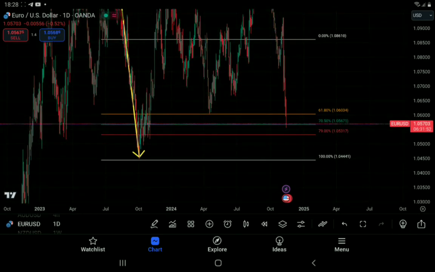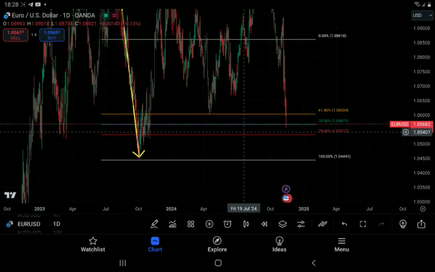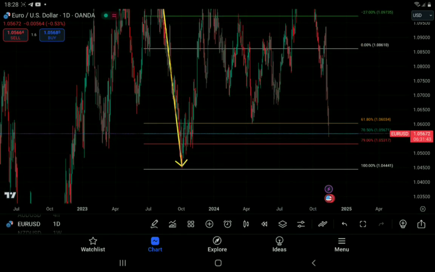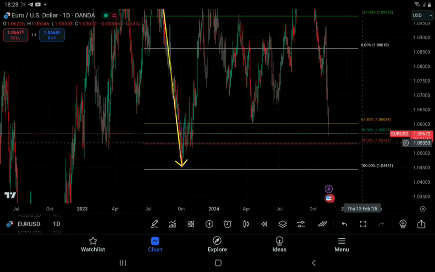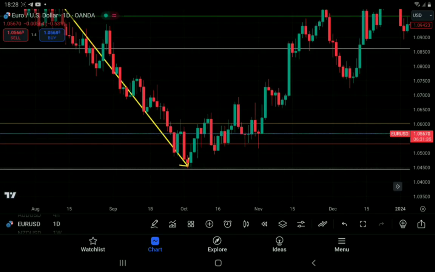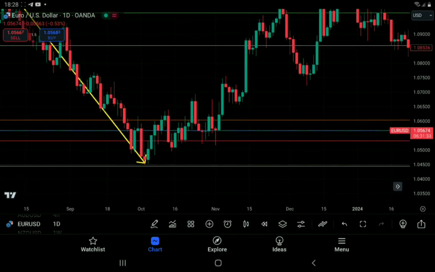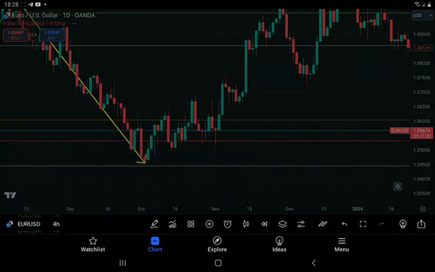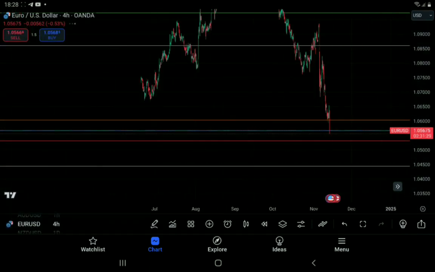But then why am I not buying this particular one here? We do have a fair value gap that coincides with this our 79%. So I would rather give this 79% priority over this 70.5 because of that fair value gap, which I showed you people on the 4-hour time frame. I think I showed it to you people clearly.